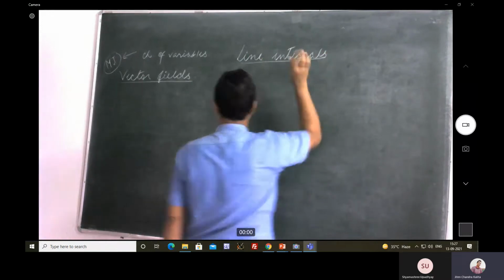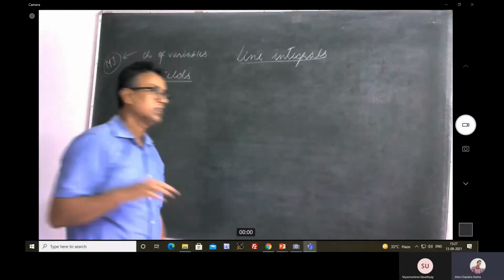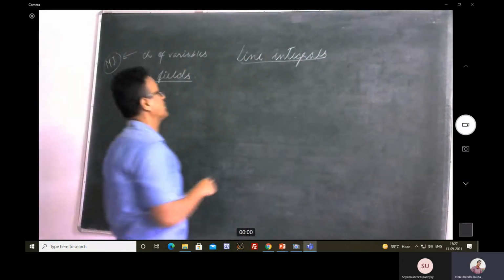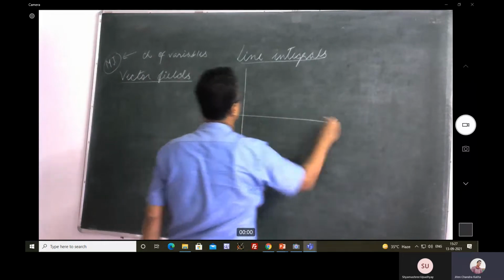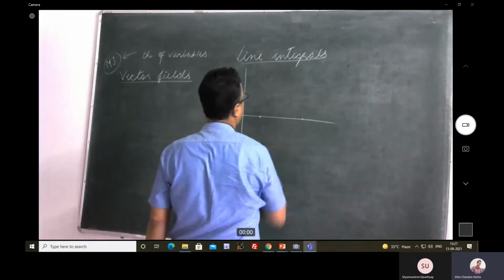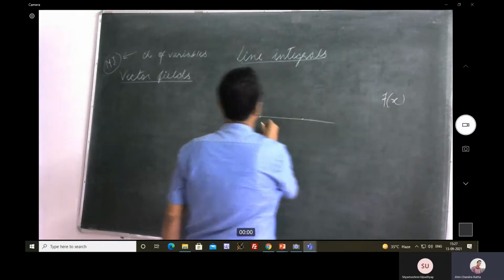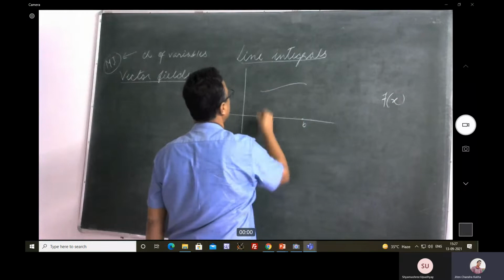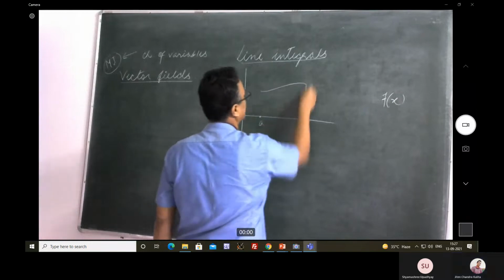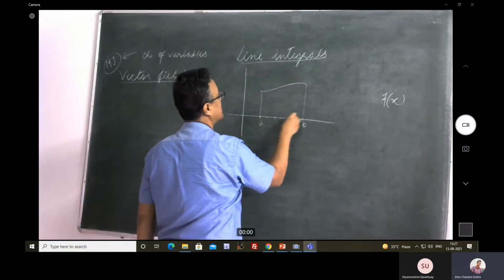Okay, so let me tell you what we are going to do here. If you recall, in single variable calculus, suppose I want to integrate this function f between the points a and b. We divided this interval [a, b] into sub-intervals.